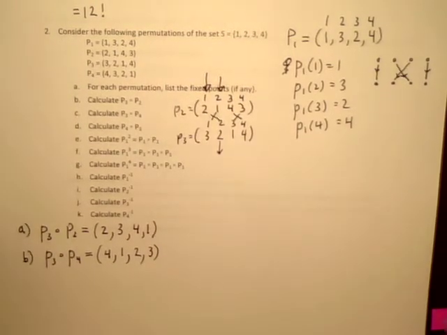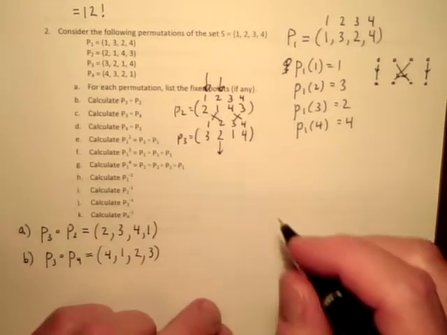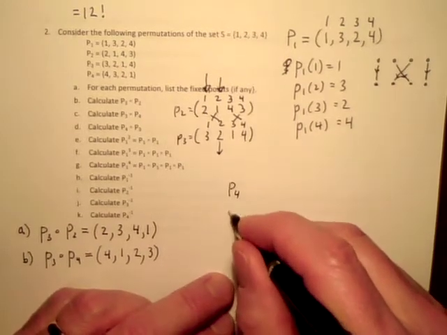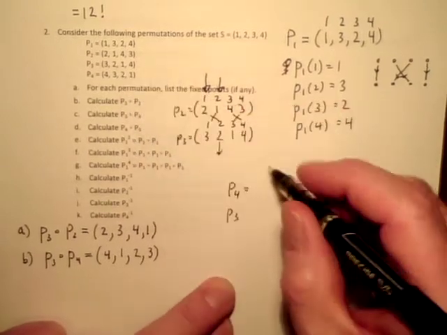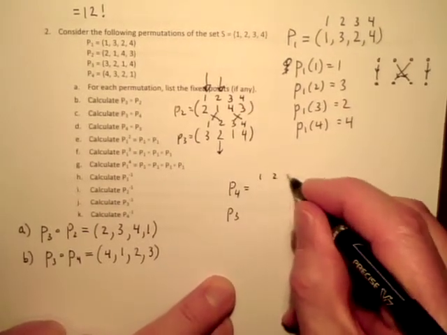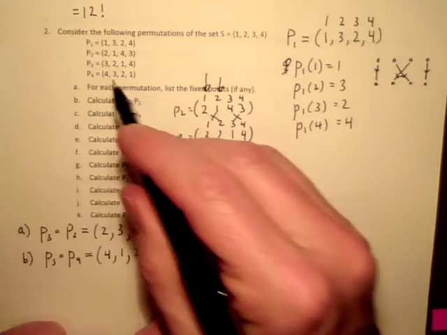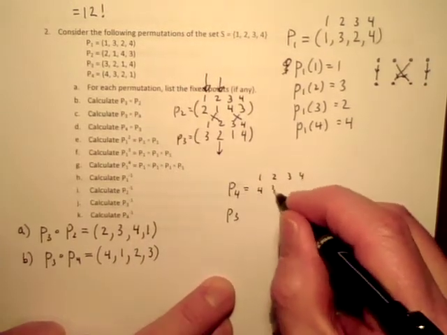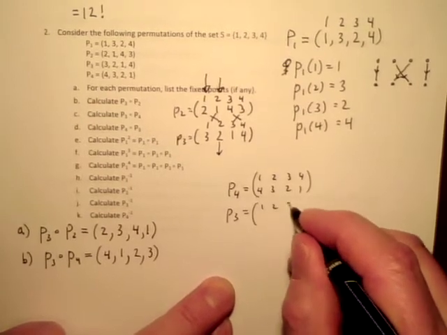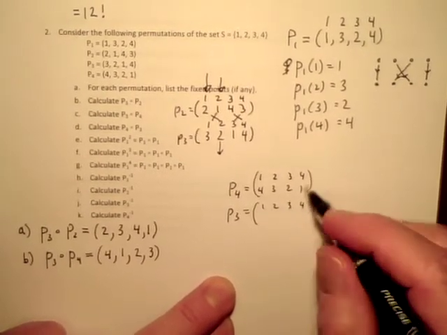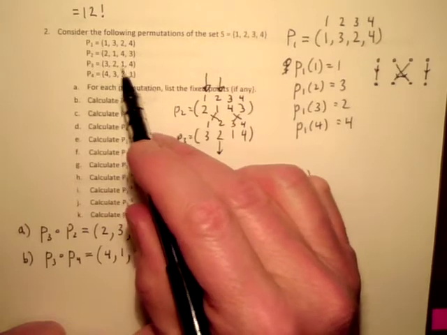And so that's another way of doing these things. You can, of course, write P4 above P3 the way I did before. P4 maps 1, 2, 3, 4 to 4, 3, 2, 1. And P3 takes 1, 2, 3, and 4 and maps them to 3, 2, 1, 4.